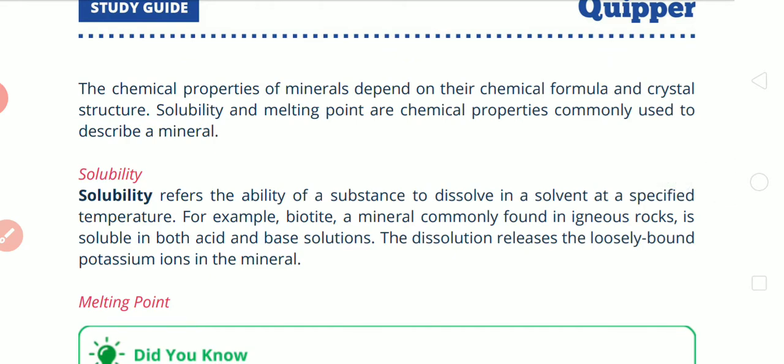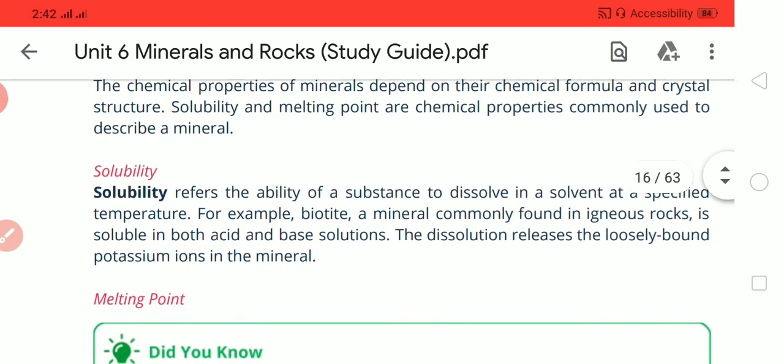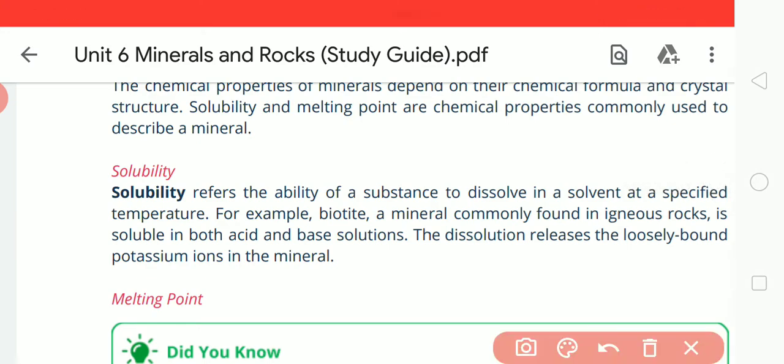Solubility refers to the ability of a substance to dissolve in a solvent at a specified temperature. For example, biotite, a mineral commonly found in igneous rocks, is soluble in both acid and base solutions.